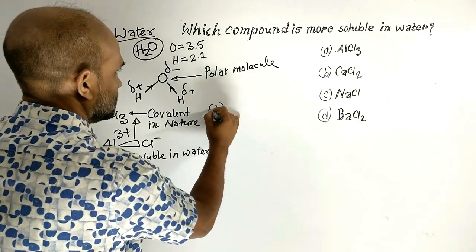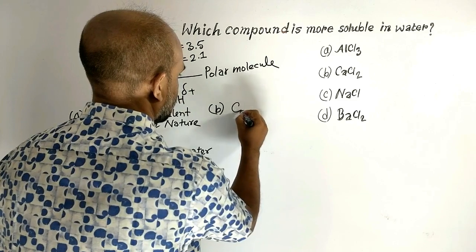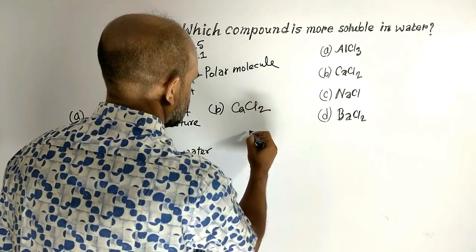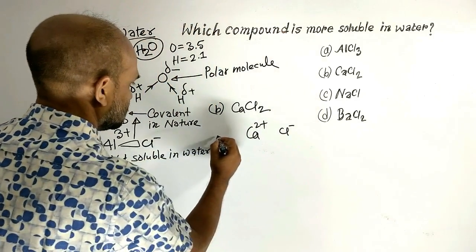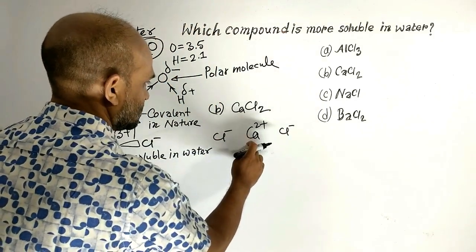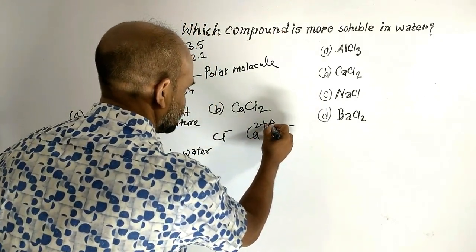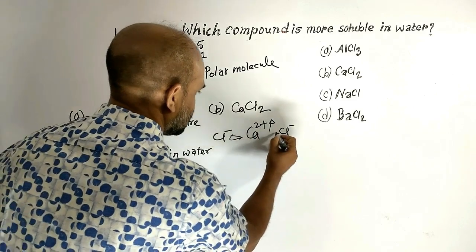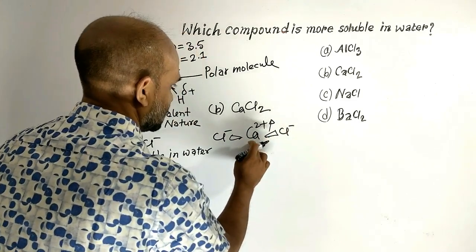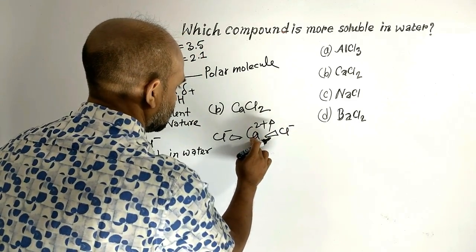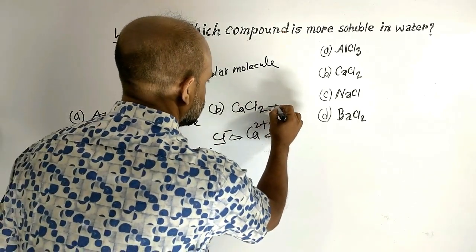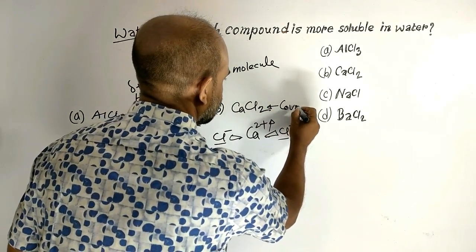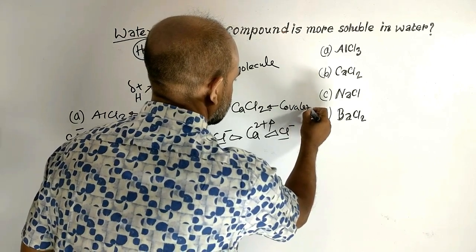Then B. B is calcium chloride. Calcium 2+ charge, minus, here minus. This is also a high charge and it is polarized a bit. That is, the calcium 2+ ion polarizes the chloride ion a bit. So, it turns into covalent in nature a bit.